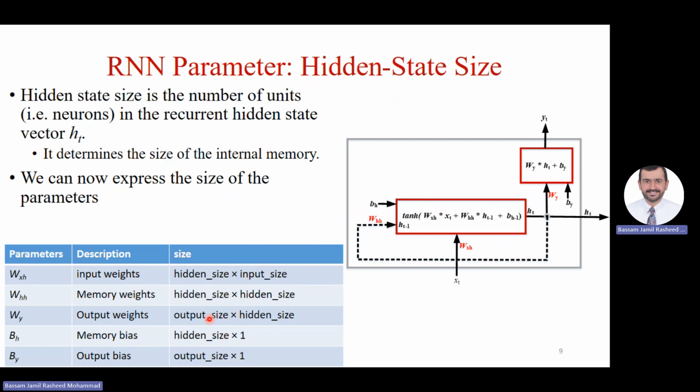The key thing that we want to stress here is that the hidden state size controls the complexity of your RNN design, because it controls the sizes of all these parameters, which brings us back to the point that you want to select and choose the optimum size of your hidden states.